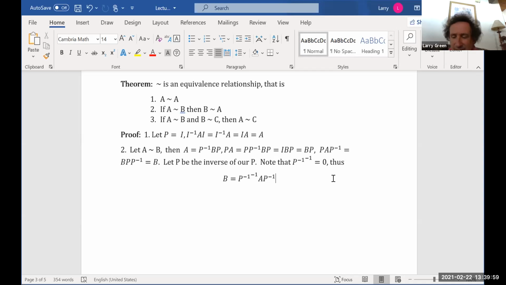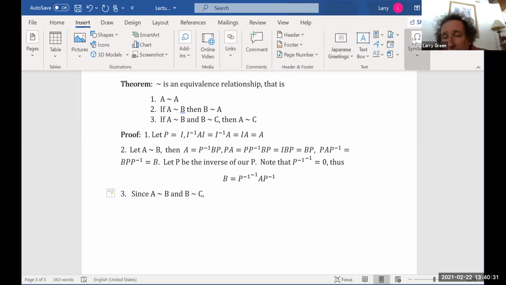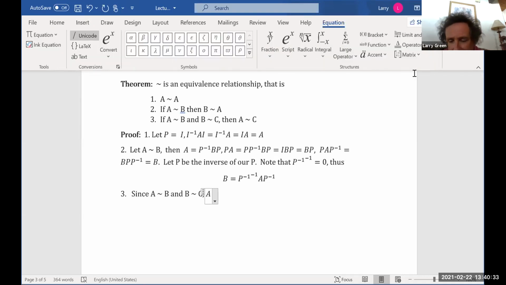Any questions on that? Okay, let's do number 3. Well, we know that A is equivalent to B and B is equivalent to C. So since A is equivalent to B and B is equivalent to C, that means that A is equal to P inverse BP.